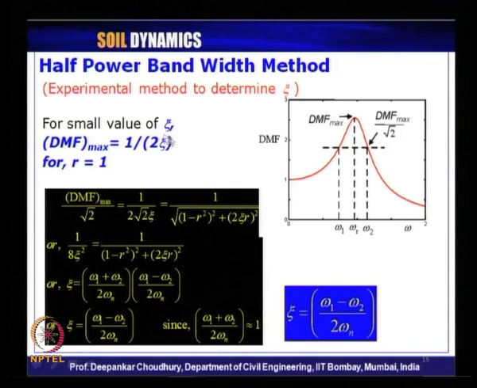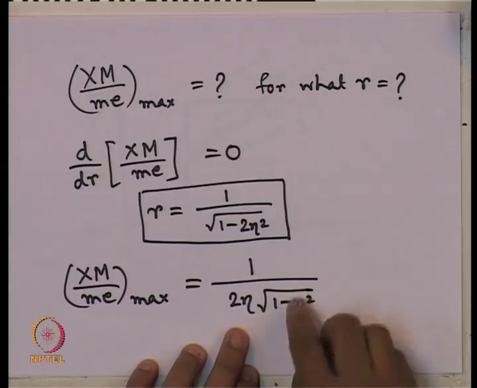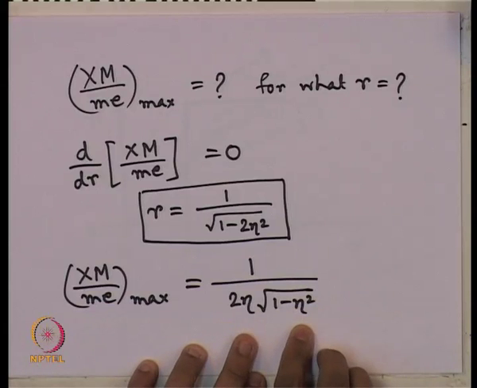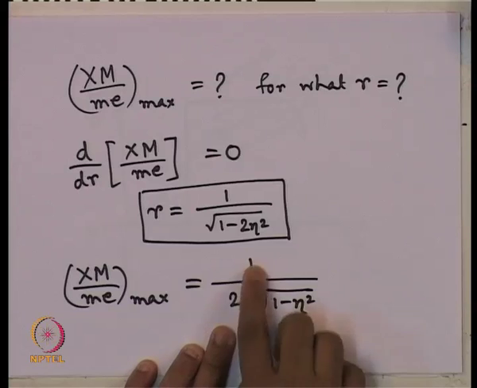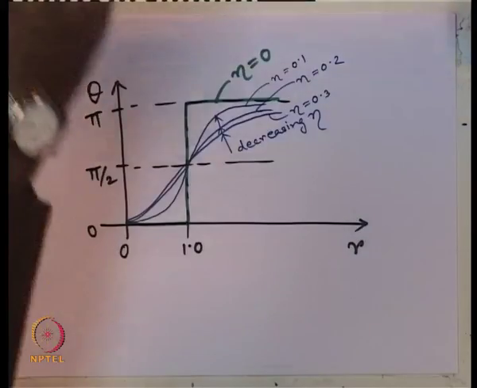For a very small value of damping ratio, we can approximate the maximum dynamic magnification factor as 1 by 2 eta, right. Let us look at this sheet. The maximum value for a very low value of eta we can approximate as 1 by 2 eta only, fine. So, that is what is done in the slide.